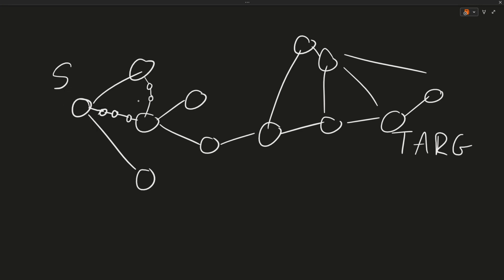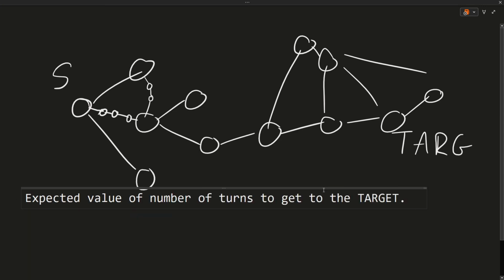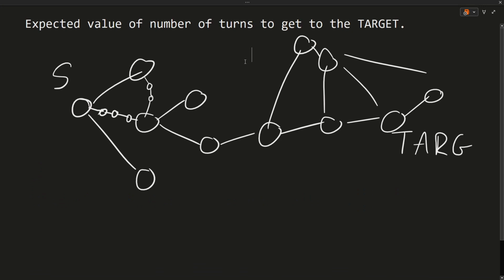Your strategy, basically, is at every node, for any edge that is presented to you, the decision whether you would use it or not. You need to minimize the time to get to the target. So find and minimize the expected value of number of turns to get to the target. That's what we need to compute. It is a real value, not necessarily an integer.